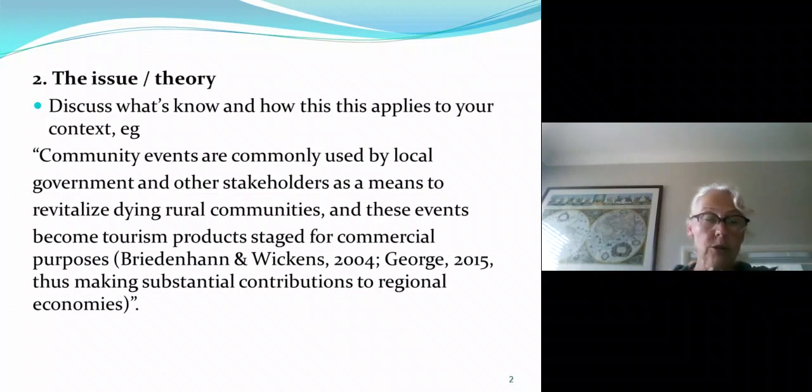So they're not just describing community events, they're showing that they have this purpose in this particular context. They make a regional economic contribution. So there's a little bit of analysis going on there. And they're also showing the relationship to the context of the study, which is all about community events.